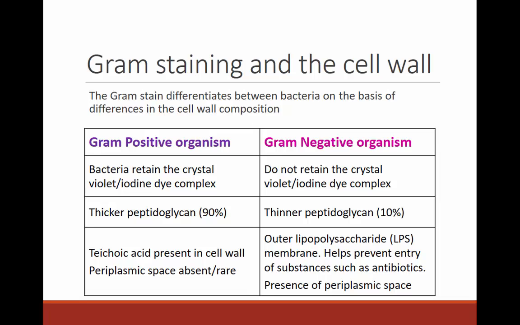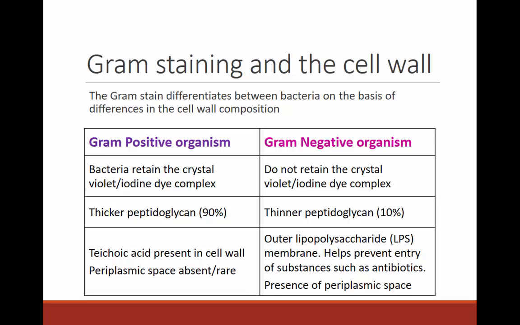So if we look once again at gram staining, and I'm going over this again because it is important, you've got the differences. The stain distinguishes between cell wall composition. So with the gram-positive, so gram-positive is purple, you've got the bacteria retaining that crystal violet and iodine complex.